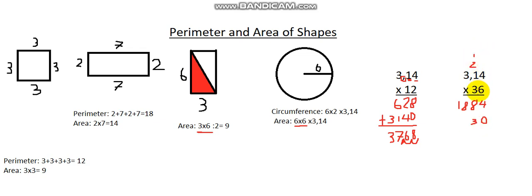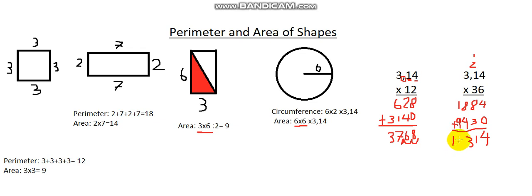Carry the 1. 3 times 1 is 3, plus 1 that I carried over is 4. 3 times 3 is 9. I add. 4 plus 0 is 4. 8 plus 3 is 11. 8 and 4 makes 12, and 1 that I carried over makes 13. 9 and 1 makes 10, and 1 that I carried over is 11.